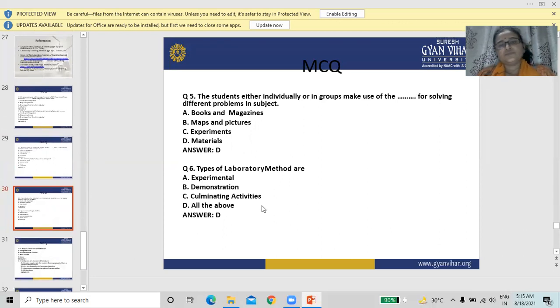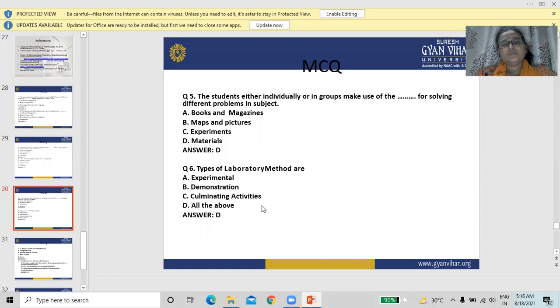Next MCQ. The students either individually or in groups make use of blank for solving different problems in the subject. Option A, books and magazines.